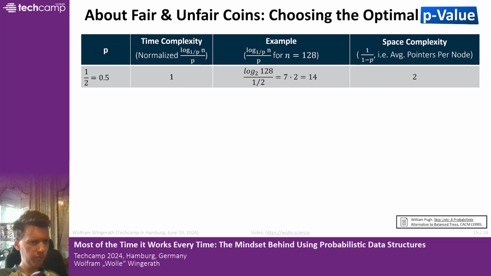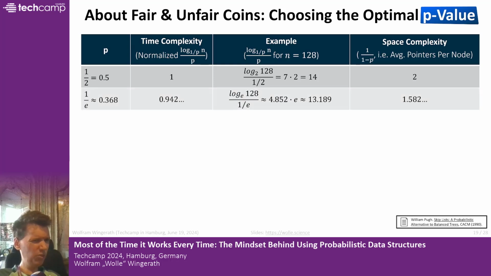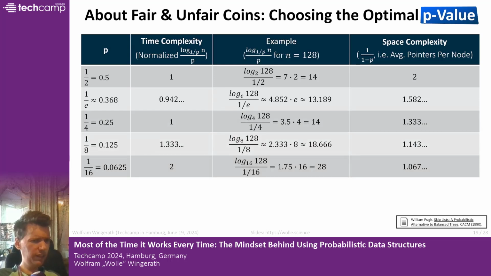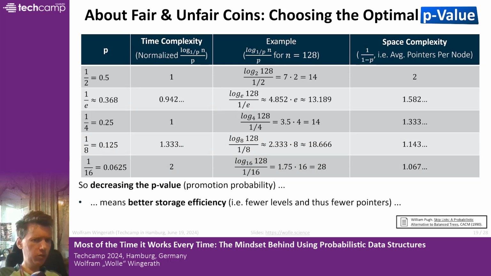And what you see is that for 50-50, this is our baseline, so time complexity would be 1. Then if you take, I don't know exactly why, but if you take 1 divided by e, it's getting slightly better, but generally the trend is, if you reduce p, you see that time complexity goes up and space complexity goes down.